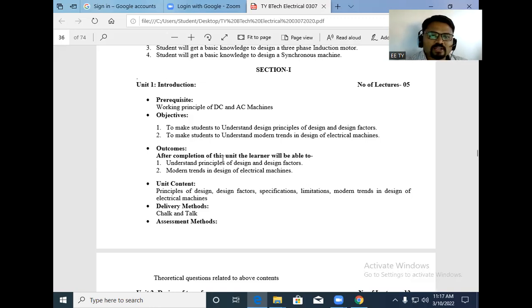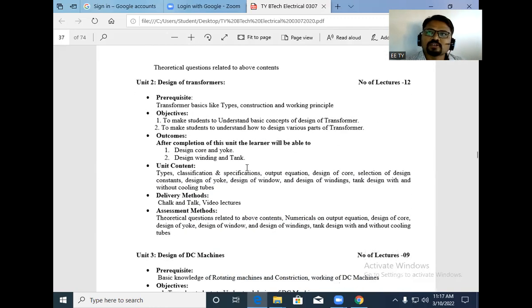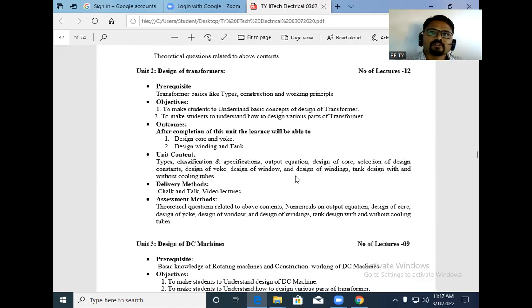Okay. Now give the heading of the second chapter. This is our second chapter. Write down design of transformer, chapter number 2. Okay. In that, now write down the sub points.